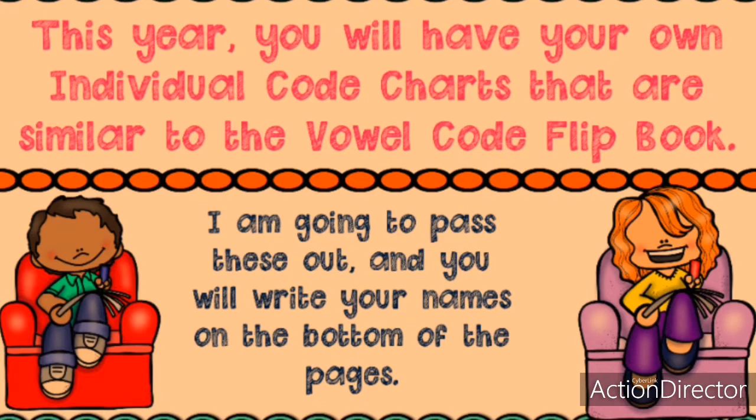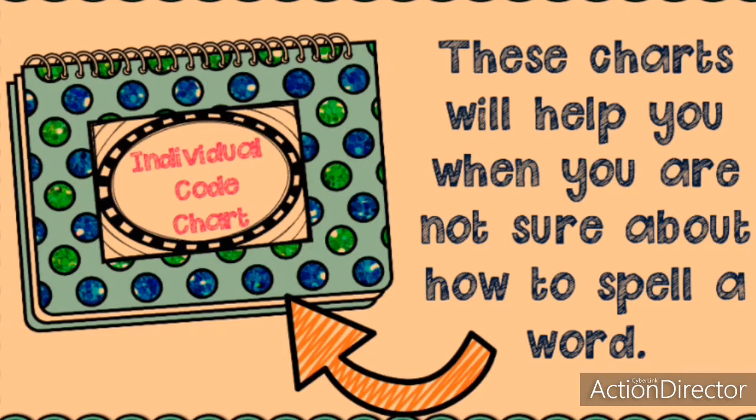You can always go back to your code charts and practice your vowel and your consonant sounds. These charts will help you when you are not sure about how to spell a word. That's why it is very important for you to have your code chart.